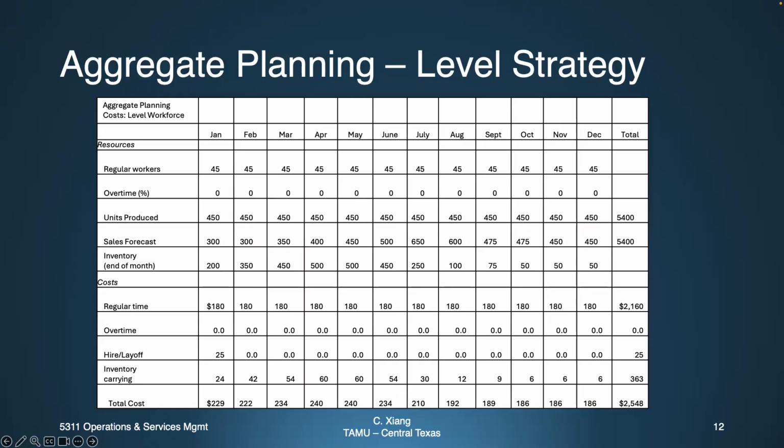Please note that the same idea applies to the workforce as well. You may wonder, okay, there are so many different types of jobs. Instead of tracking every job type, we use the concept of full-time equivalent employee. Okay, this allows us to combine different roles such as production, maintenance, administration into one comparable measure.